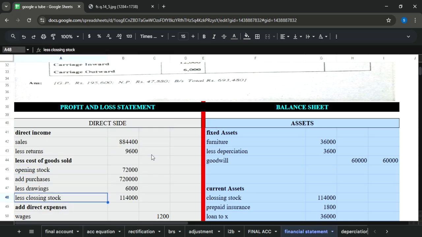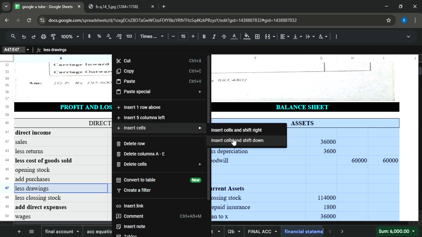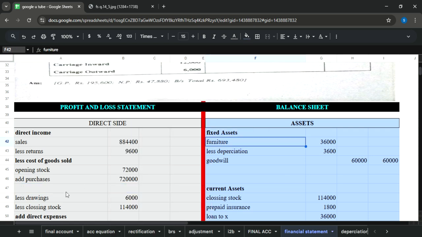Here we will again be creating a space. As you know, at the time of drawings we had said it may be possible returns are present or not, but returns are present. That is why we'll have to create one more space. Okay, space has been created.